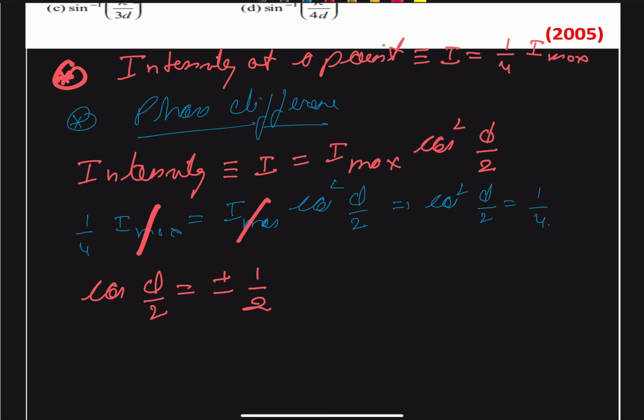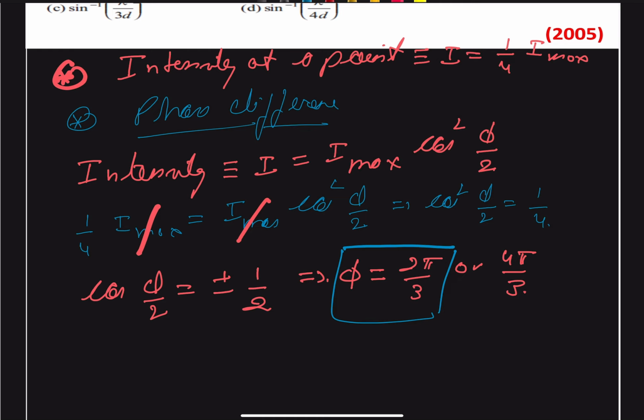And therefore if we solve for phi by 2, or we can say phi, we get our phi will be either equal to 2 pi by 3 or it will be equal to 4 pi by 3. And we can consider the smallest positive solution as phi is equal to 2 pi by 3.